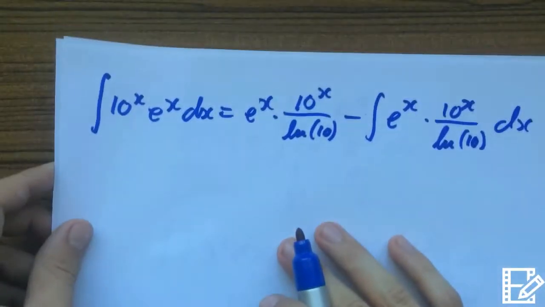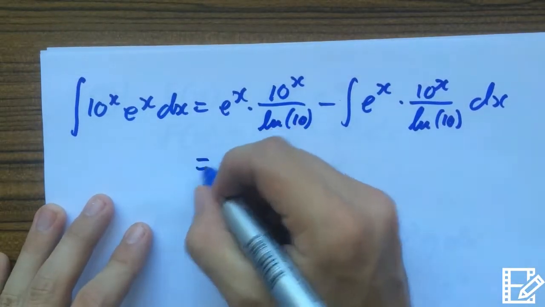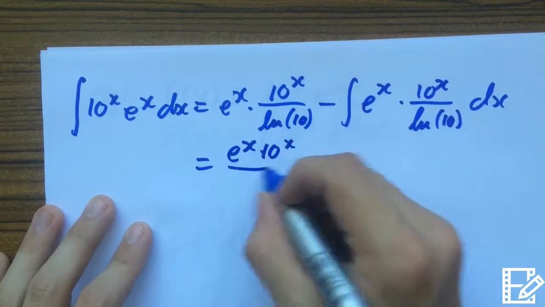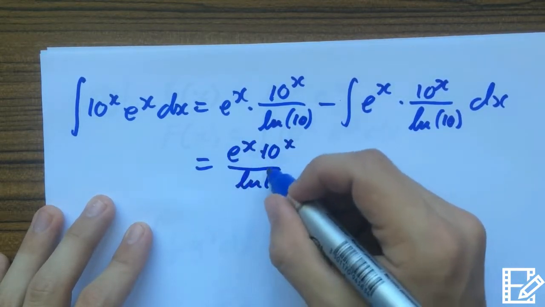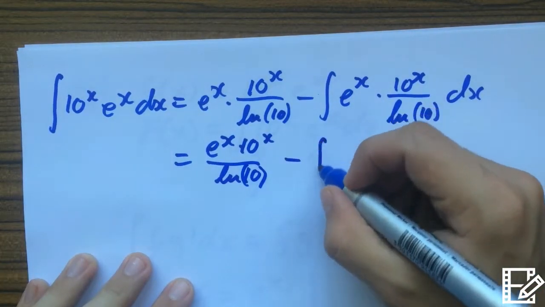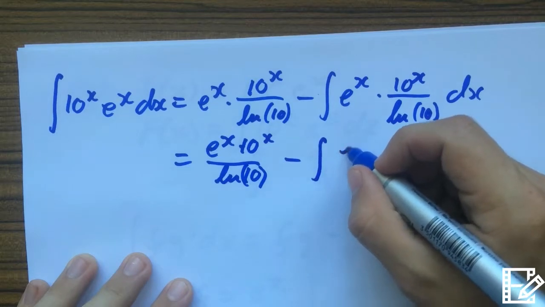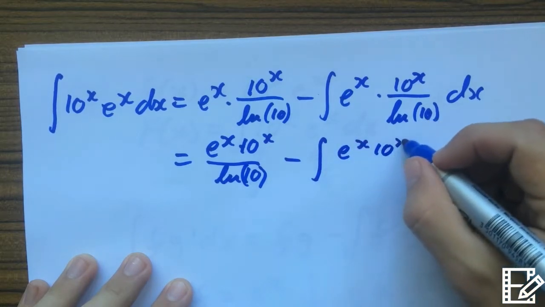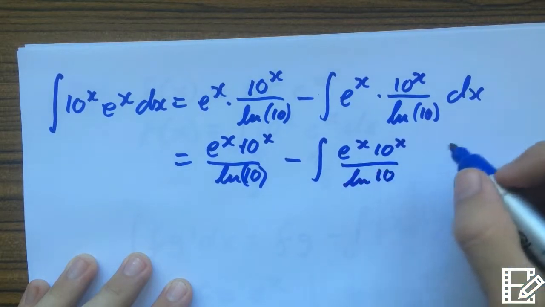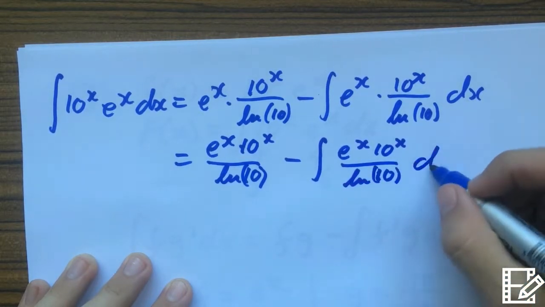And now we have something to work with. So this would just be e to the x multiplied by 10^x on ln of 10, minus the integral of e to the x times 10^x on ln of 10 dx.